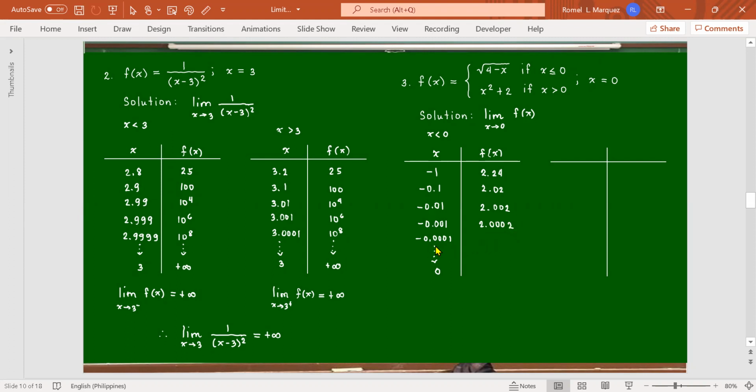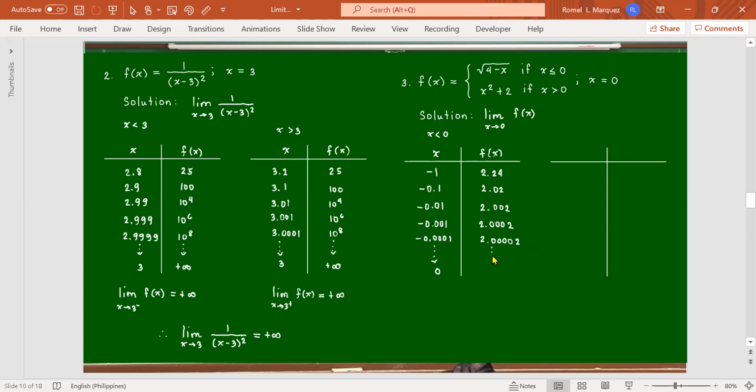When x is negative 0.0001, we get f of x as 2.00002. Am I right? What do you notice with the decimal part? It seems that it is disappearing, no? So it's getting smaller and smaller, right?